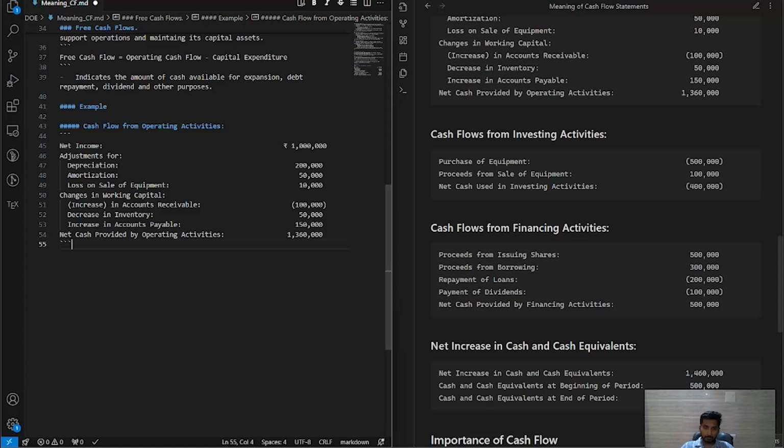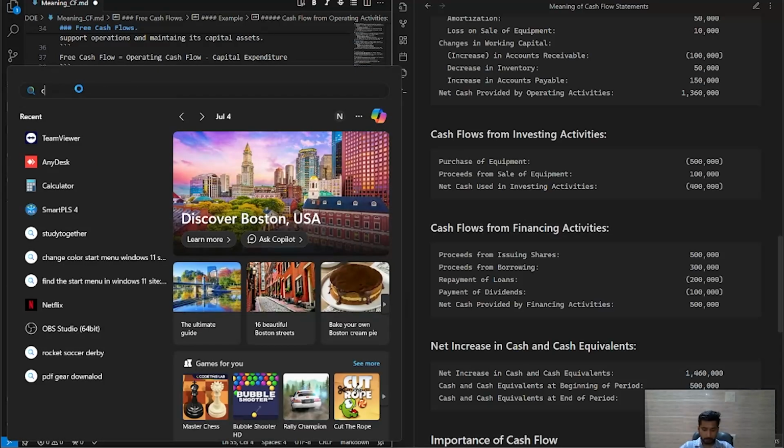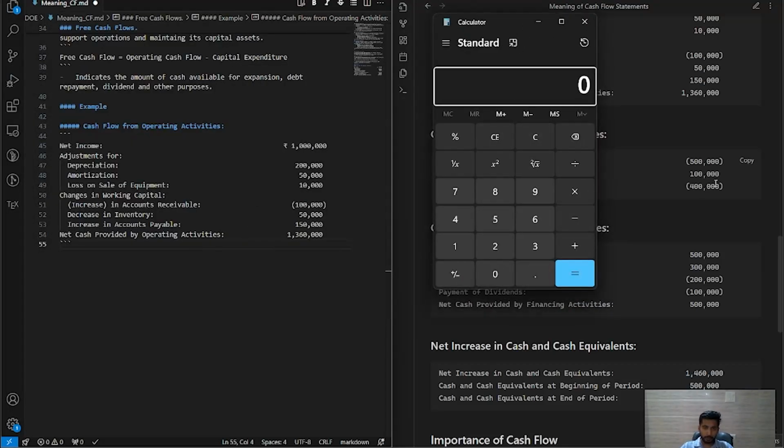Let us bring out the calculator and solve it. So 10 lakh, 2 lakh, 50,000, 10,000, plus 1 lakh.